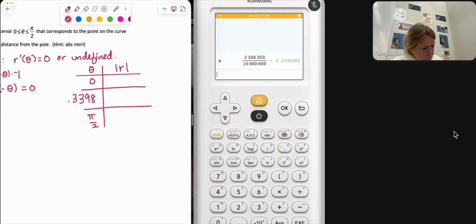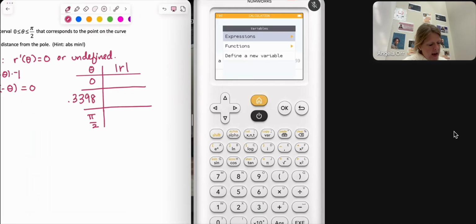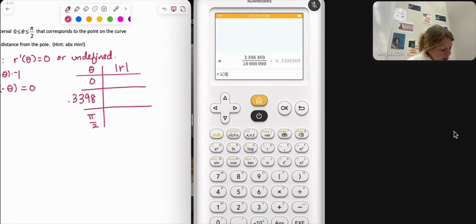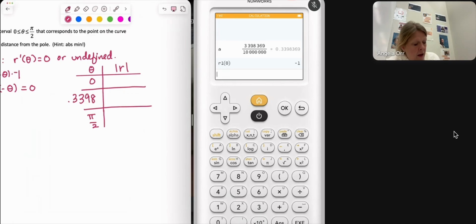So I'm going to hit the var key, go to function, hit OK, and I'm going to grab our R1 by hitting OK, and I'm going to plug in 0. So my radius value is -1, so the magnitude of that is +1. So I'm 1 unit away from the origin, 1 unit away from the pole.